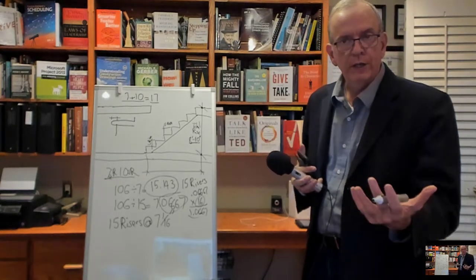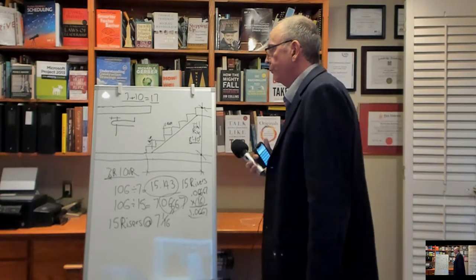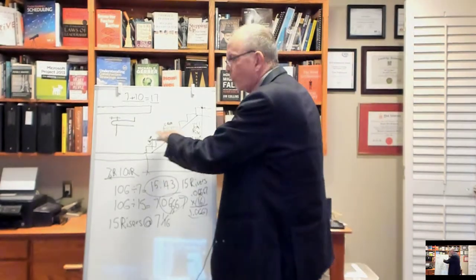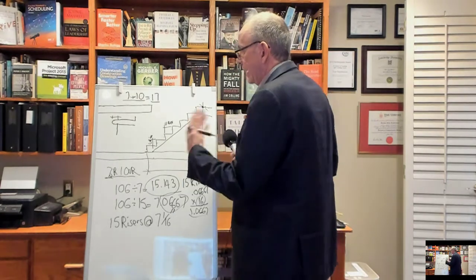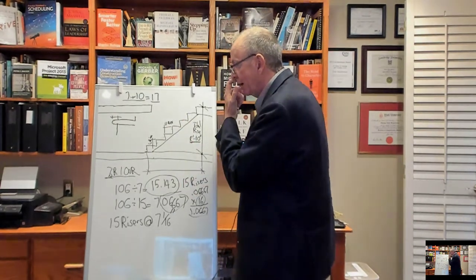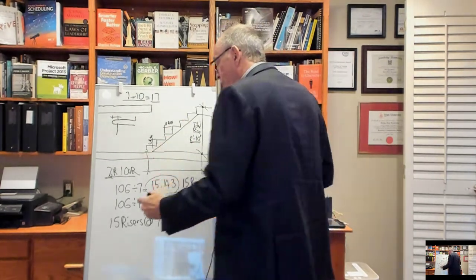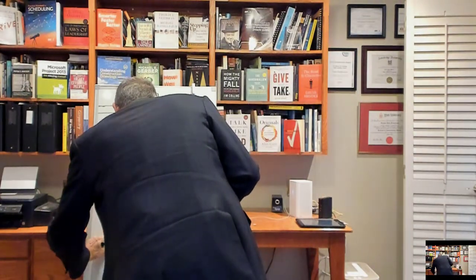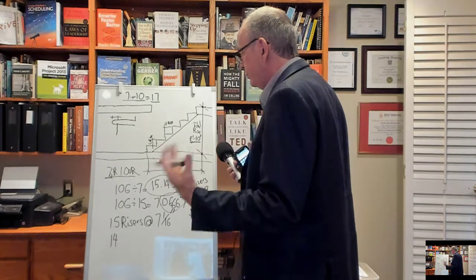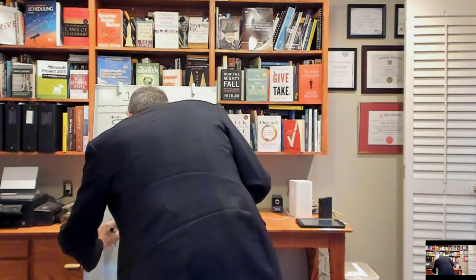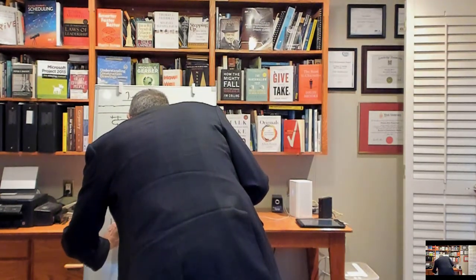But it's easy to say that's the horizontal piece, the tread, and that's what I mean. All right, so I have 14 treads. I always have one less. So I'm going to say 14, but I'm not going to say tread because I don't want to confuse people. I'm going to say unit runs.